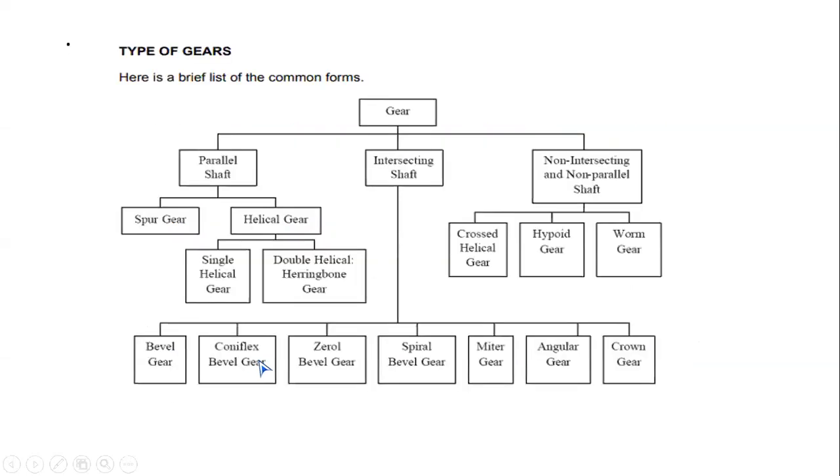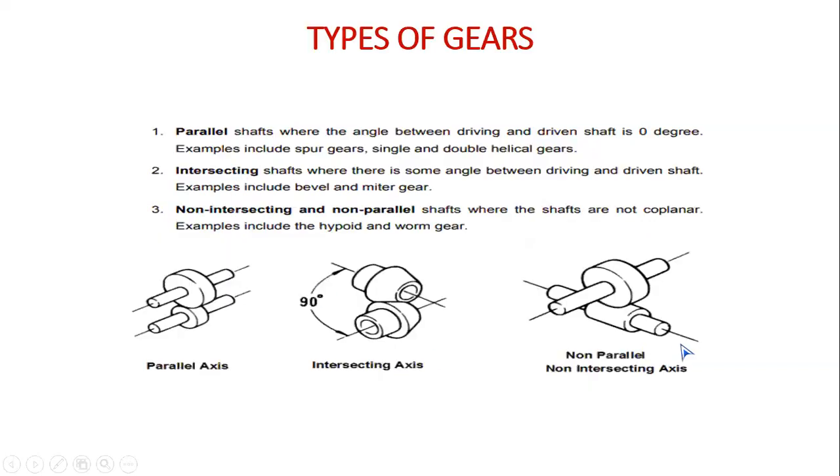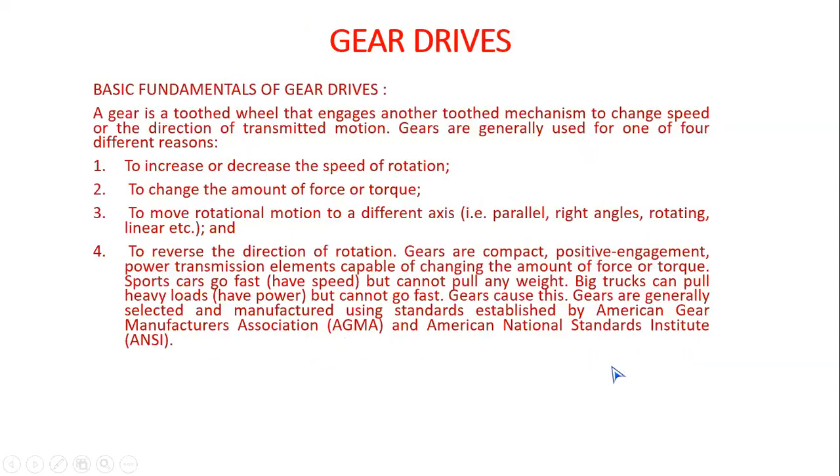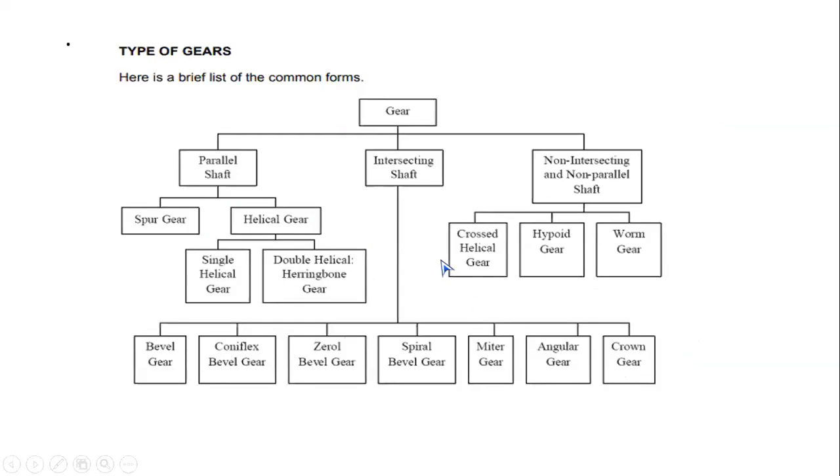Next, the types of gears. Already we discussed the classification of gears: parallel shaft, intersecting axis, or non-parallel, non-intersecting. In the same way, in this flow diagram, you have different types of gears used for different applications. For parallel shafts, you can use spur gear or helical gear.